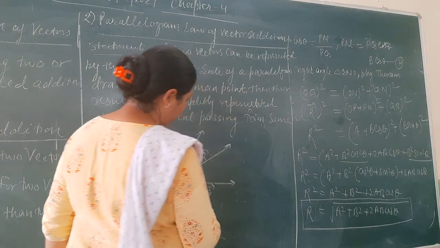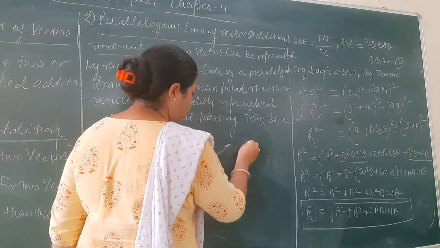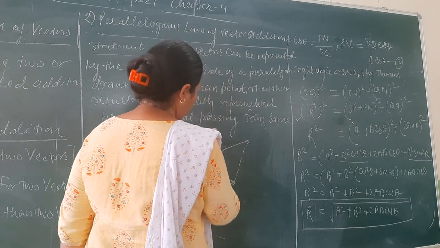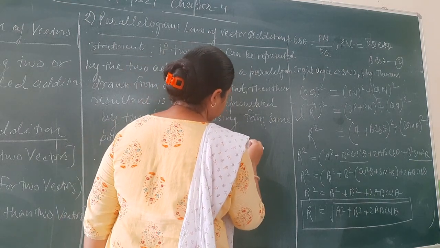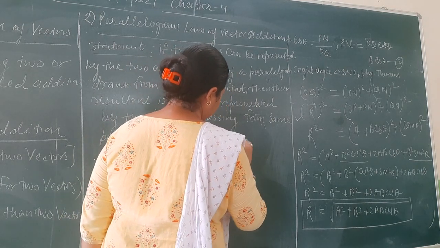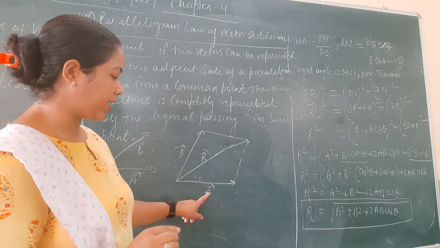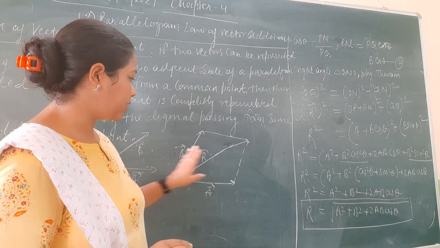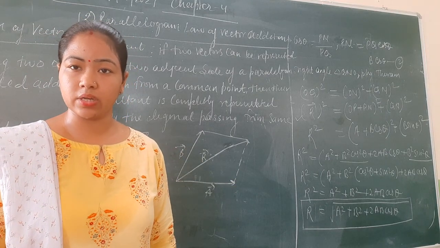Opposite sides of the parallelogram are always equal. So if this is vector A, this side will also be vector A, and if this side is vector B, this side will also be vector B.